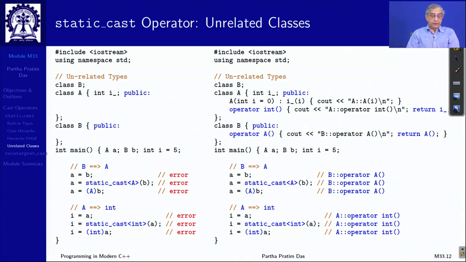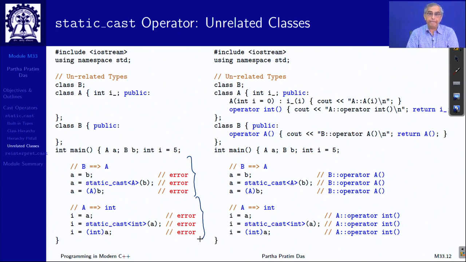Let us look at this example in a different way. The first part of this, again A and B are the same unrelated classes, is from B to A, which we have already discussed in a certain way. In the second part, what we want to look at is A being converted to int.